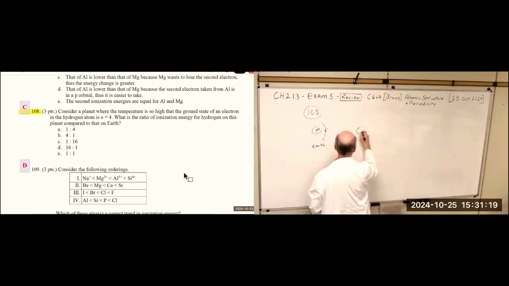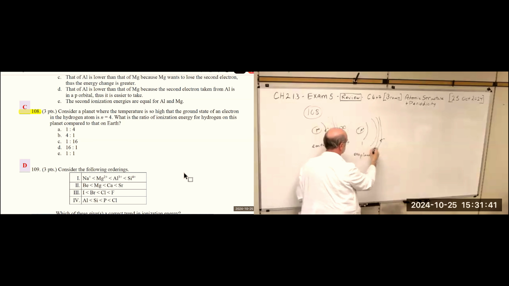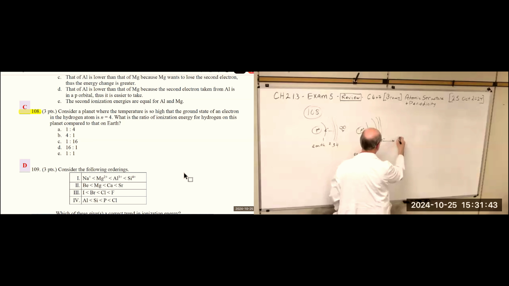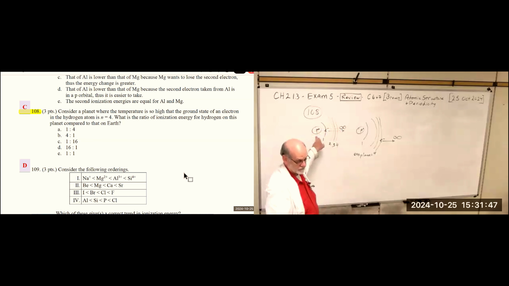And this, 1, 2, 3, 4. This is our exoplanet. Okay? So if we're going to infinity from here to here, which one's going to take more energy? Earth.